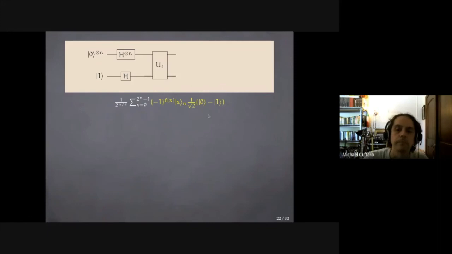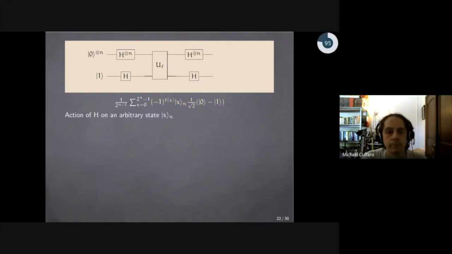Okay, the next step is to apply more Hadamard transformations, so more Hadamard gates. So we do the same thing that we did before, basically, right? So now we apply an n-fold Hadamard gate to these qubits and a Hadamard gate to that qubit. Now the action of a Hadamard gate on some arbitrary n-qubit state x.